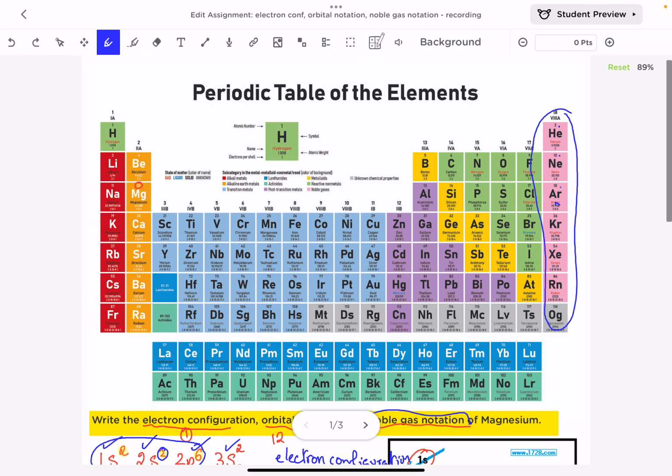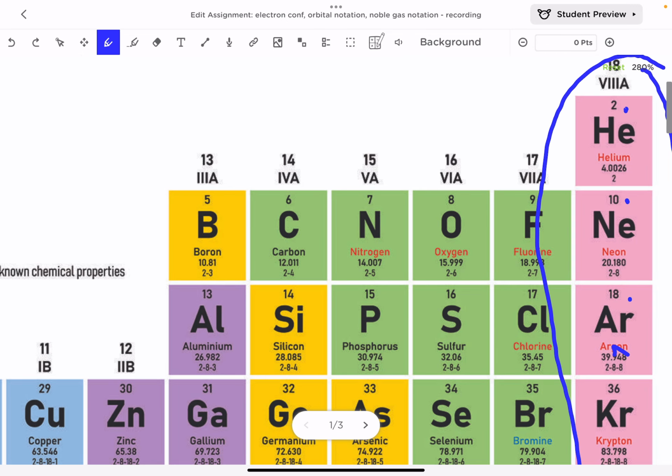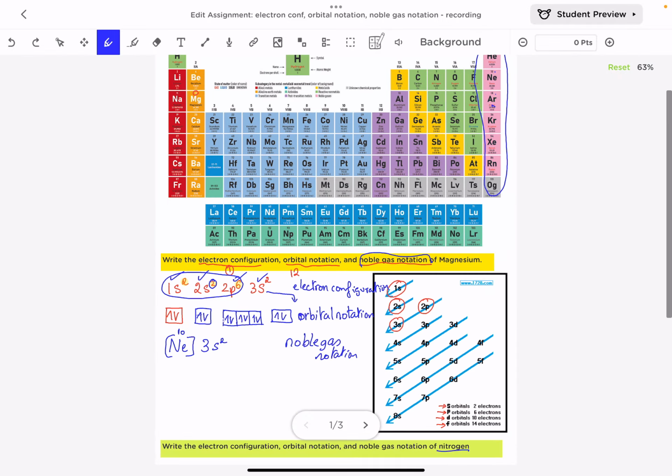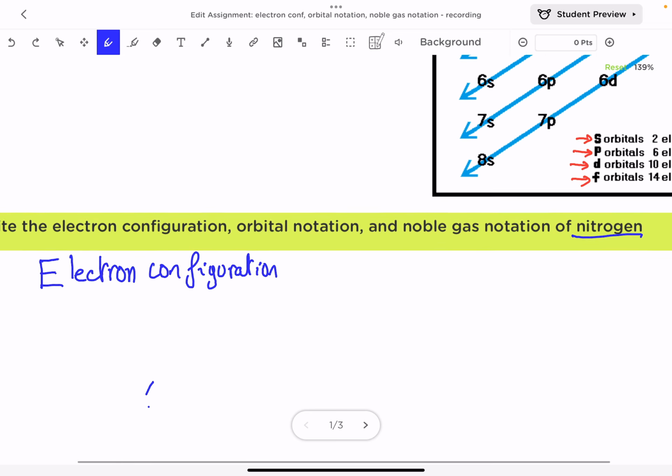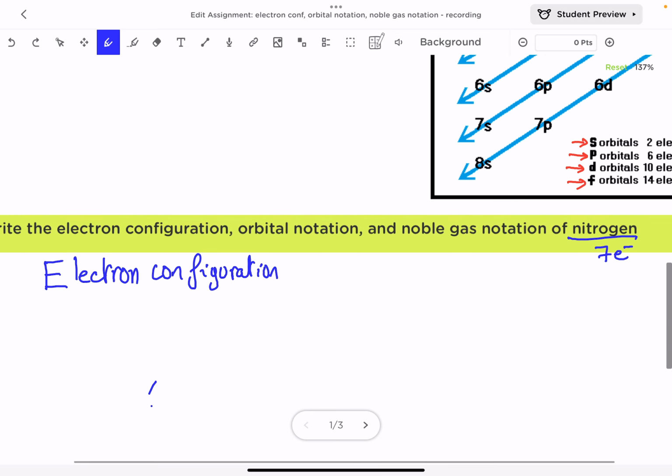Now, I'm going to take another example, do the one of nitrogen. So again, I go to the periodic table. Nitrogen has 7 electrons. So we start with the electron configuration of nitrogen with 7 electrons.